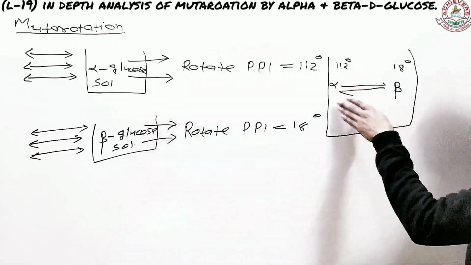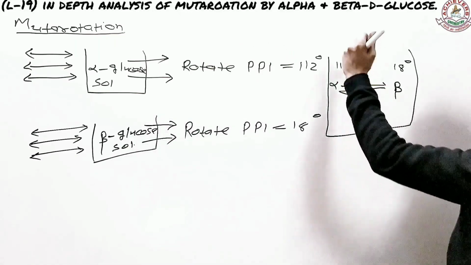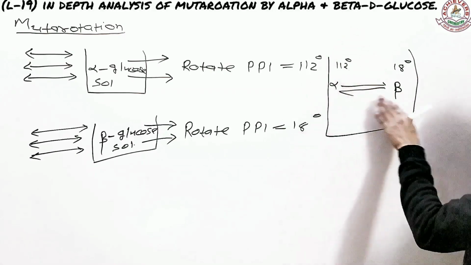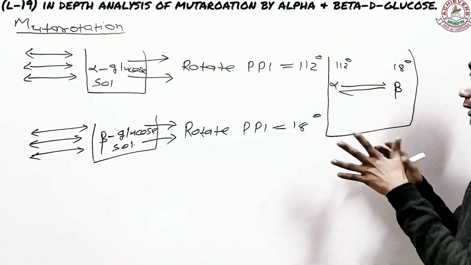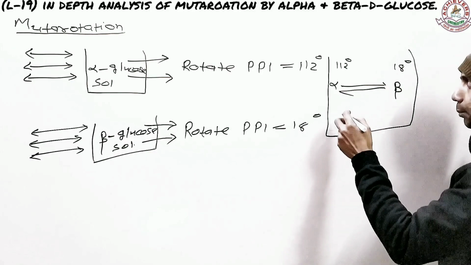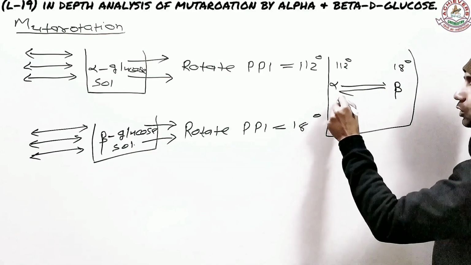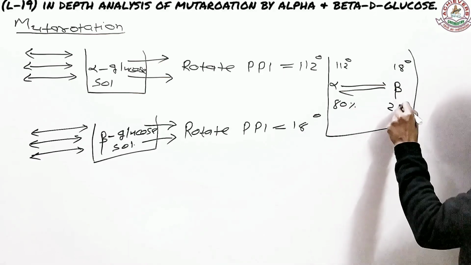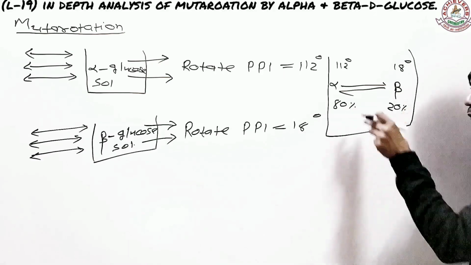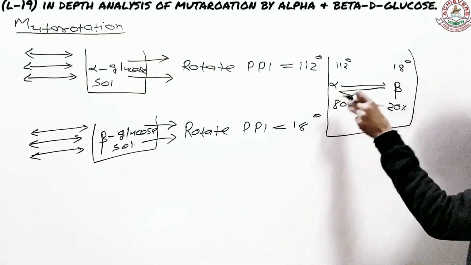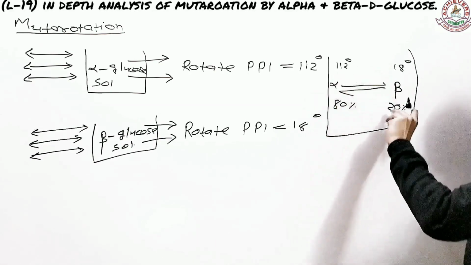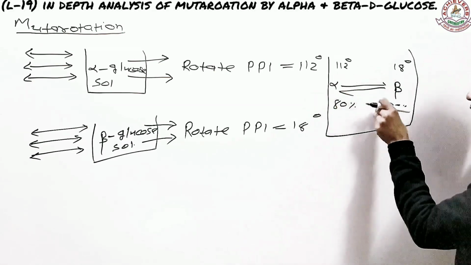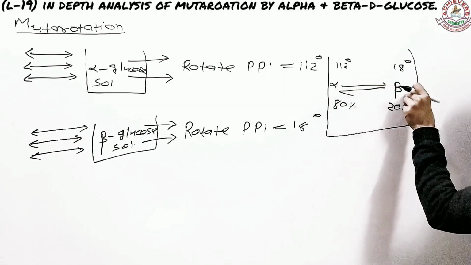Suppose alpha and beta are both present in the solution and interconverting. Let's imagine that alpha is about 80% and beta is about 20%. That means 80% alpha is still there, however due to the reaction condition, 20% of alpha has converted into beta.